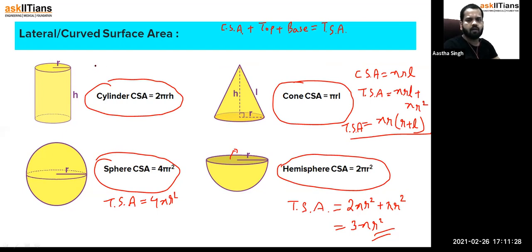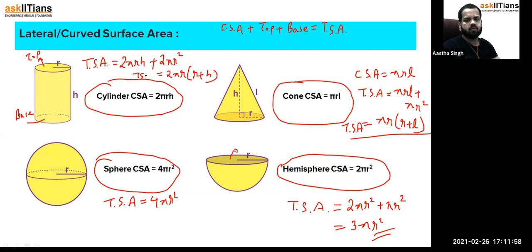What is the total surface area of a cylinder? Just add 2 pi R H, the curved surface area, and then add the top one and the base one. Top and base are both identical, so 2 pi R square will be added. So just take 2 pi R common: 2 pi R (R plus H).